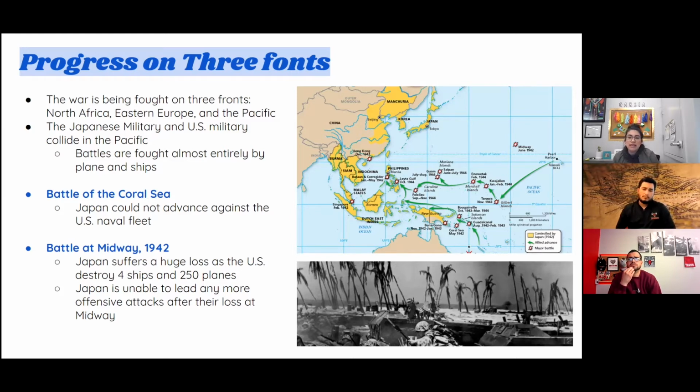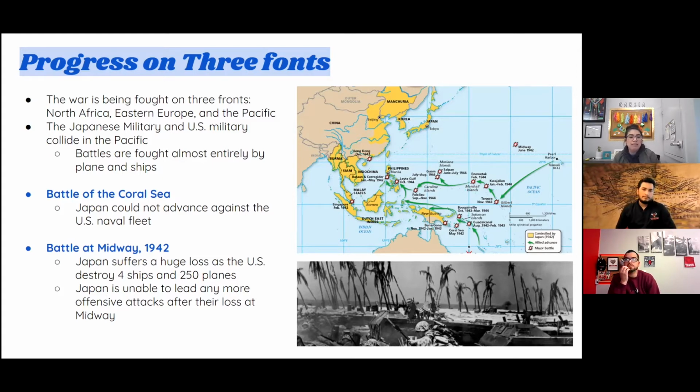Everywhere that you see a little flash sign is where a major battle has occurred between these 2 different sides, okay? They're almost exclusively fought by plane and by ships. Now, for some instances, they are fighting hand-to-hand on these islands, but for the most part, they're fighting by air and by ships bombarding each other on these small islands.